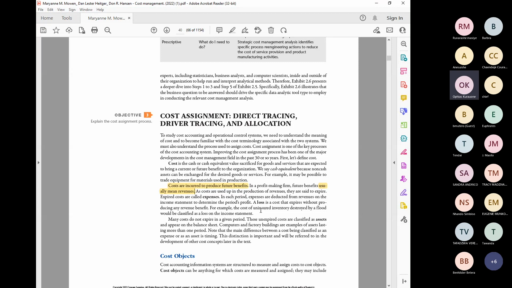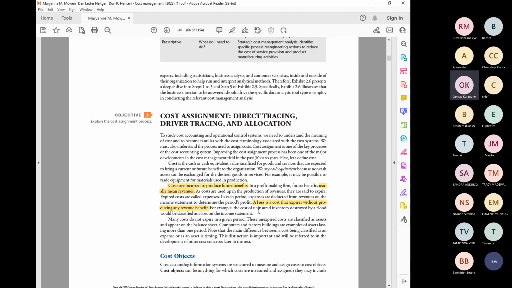Then let's talk about a loss. A loss means you are making a loss because you incurred a cost, but that cost did not produce any revenue. Be very careful on this term, because if you have got a loss, it means though you invested your funds, those funds did not produce the revenue benefit.